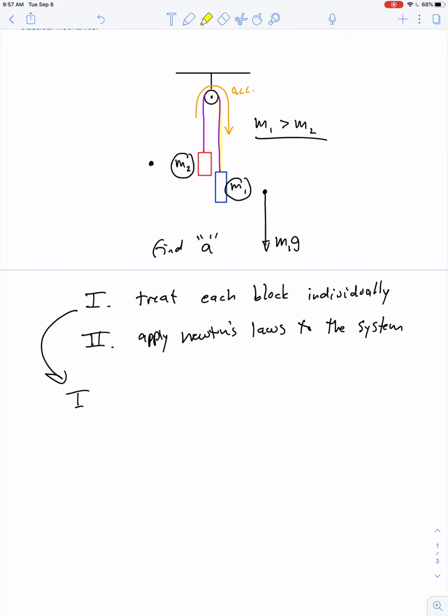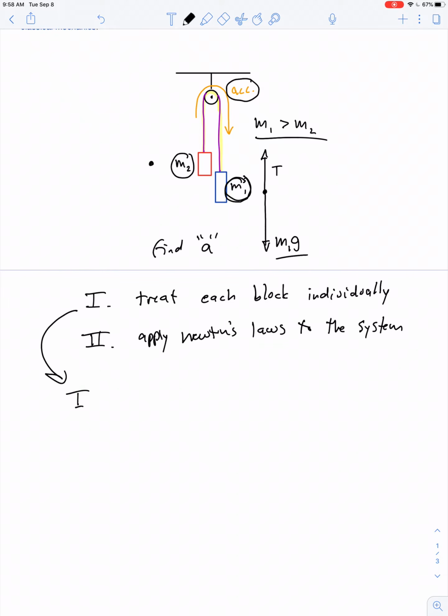That cord that passes over the pulley applies a tension to each of the blocks. For block number 1, that tension pulls upward, and I know to draw that upward force vector smaller in magnitude than the downward pull of gravity because we know the acceleration is going to be downward for block 1. So we'll call this T.